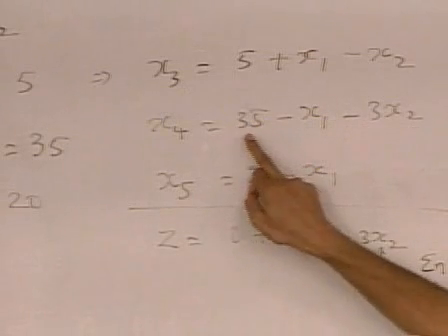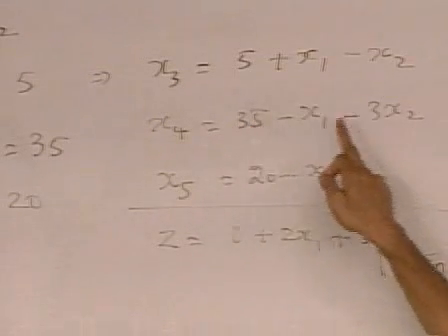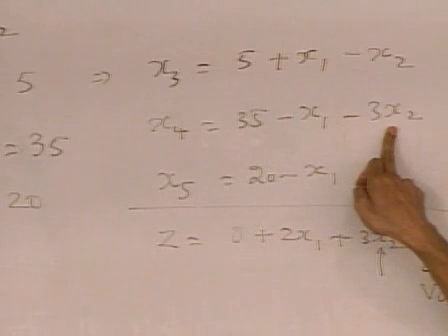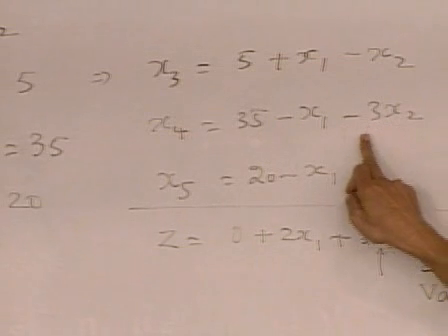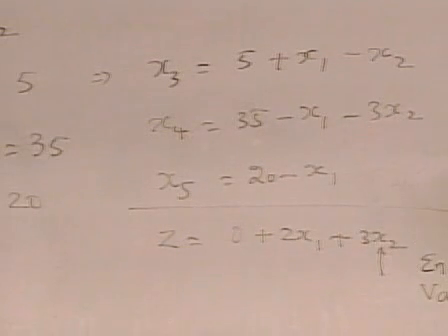You just have to look at the constant and the coefficient of the variable whose value you're increasing. If that coefficient is negative, then you get a certain limit on how high the increase can be. Similarly, this says that x2 can go up to 5, but no more.